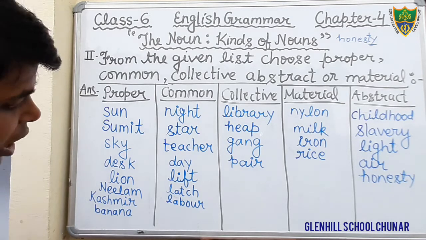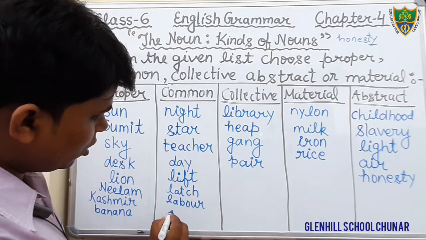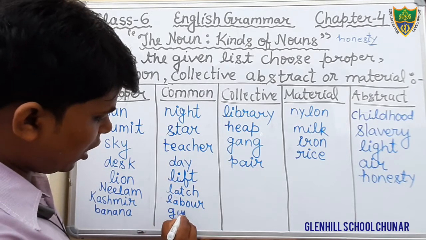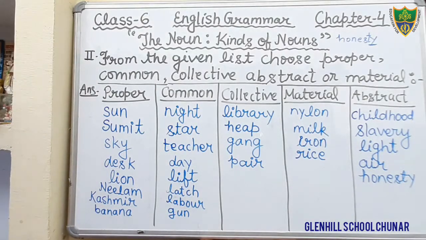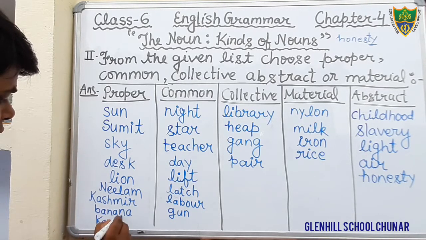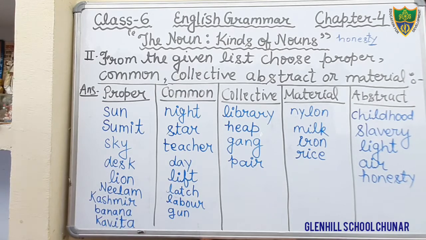Gun. There are so many kinds of gun. Therefore, the word gun, G-U-N, gun is also common noun. Next, Kavita. Here the word Kavita is given. Kavita is the name of a particular girl. Therefore, the word Kavita is proper noun.